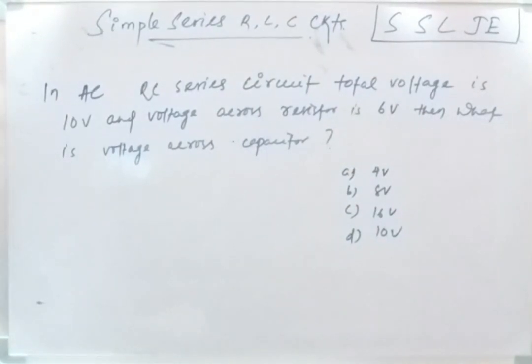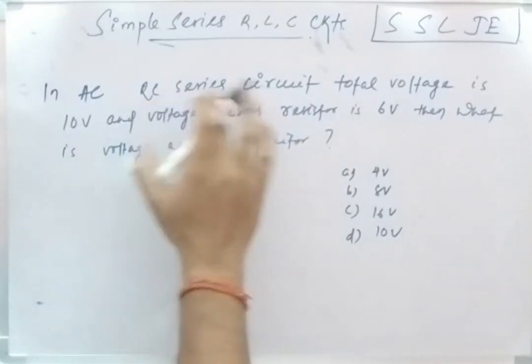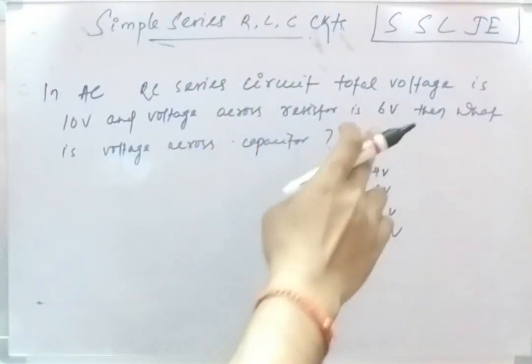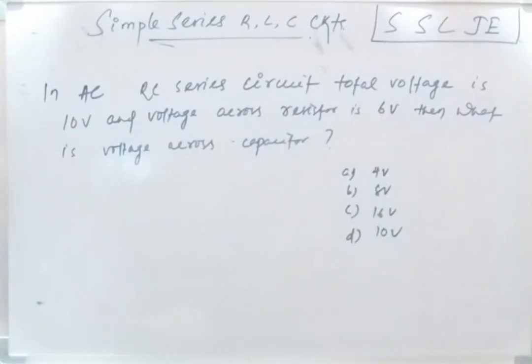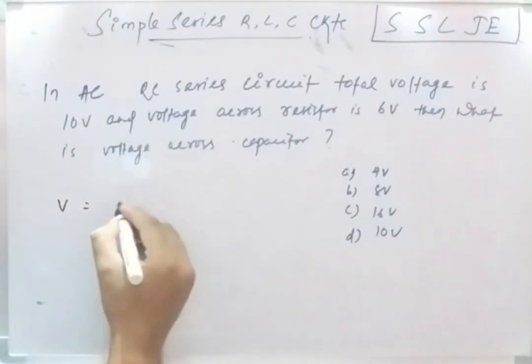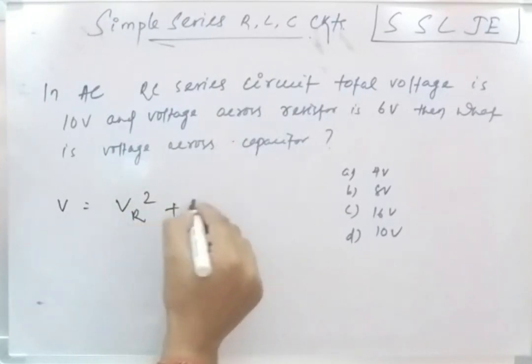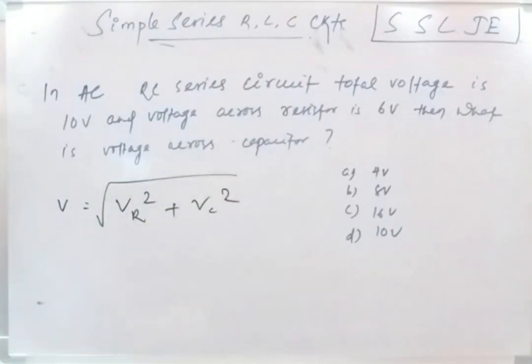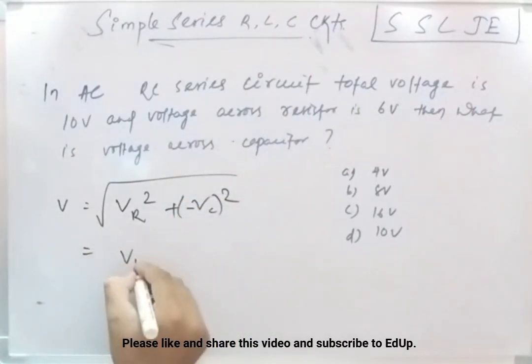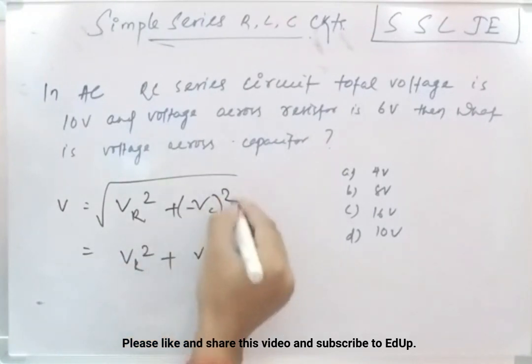Again, a simple question. In an AC RC series circuit, the total voltage is 10 volt and the voltage across the resistor is 6 volt. Then what is the voltage across the capacitor? Here we can write the applied voltage equals the square root of VR square plus VC square, because actually this is minus VC whole square, or minus square is plus.